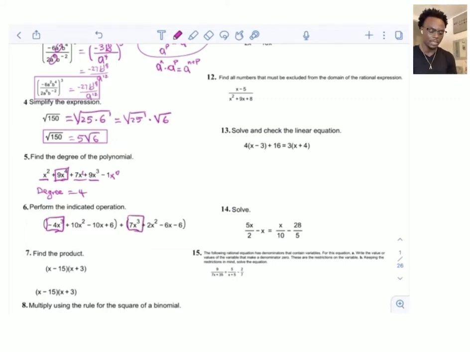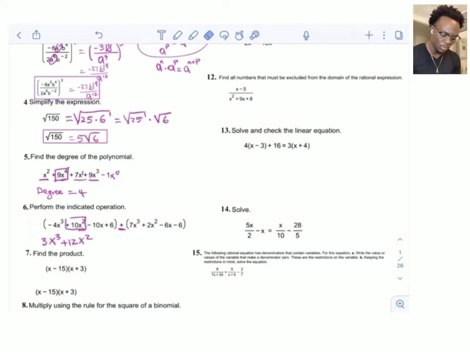Now to combine, since we have the addition sign, we just add the coefficients and keep the variable. The variable is going to be x to the 3rd, but negative 4 plus 7 is 3. So 3x to the 3rd. Now we're done with the first term. Now we're going to work with the second term. 10x to the 2nd and plus 2x to the 2nd. 10 plus 2 is 12, x to the 2nd.